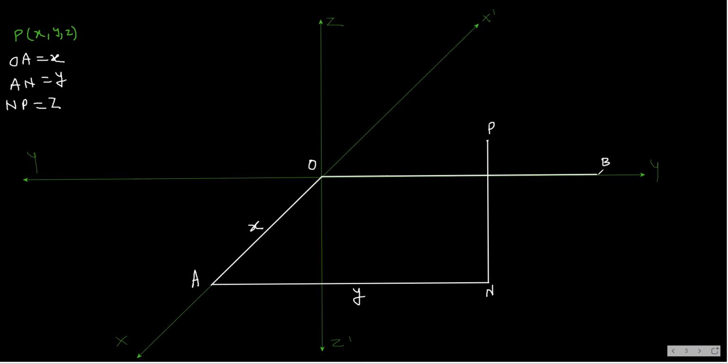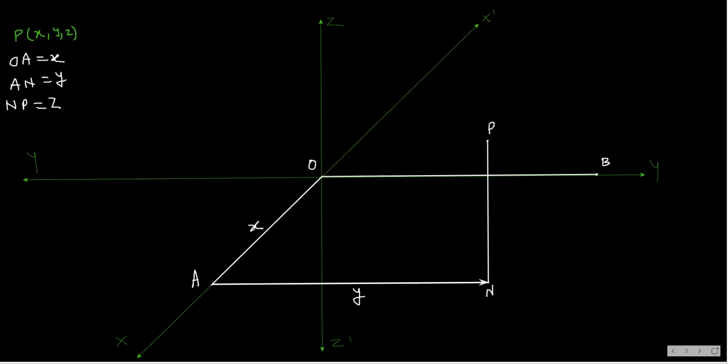This point I'll call B. OB is also y. These two are equal because they are along the y-axis. Both are equal to y.